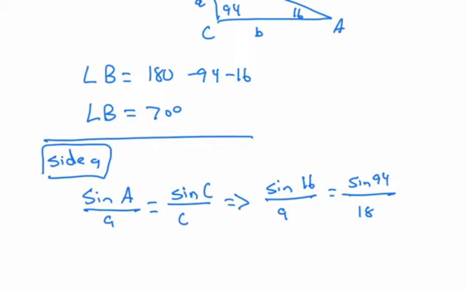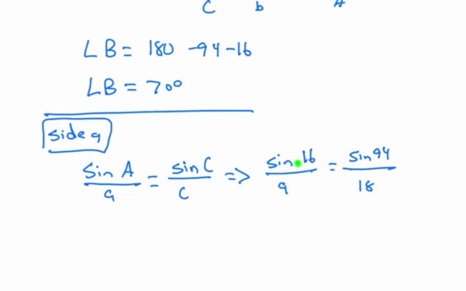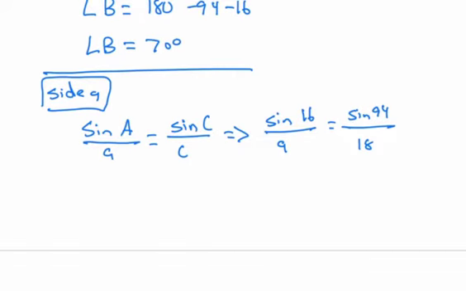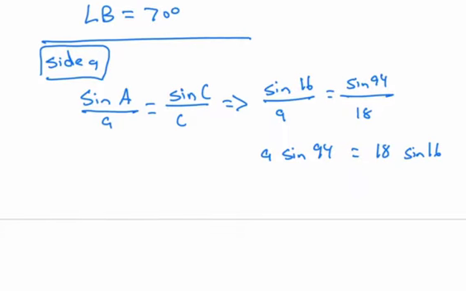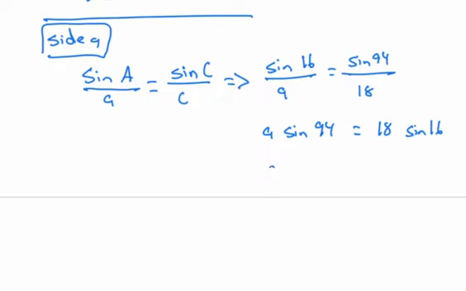My goal is to solve for A, so I'm going to cross multiply and write the A on the left side of the equation. So I'll have A times the sine of 94 equals 18 times the sine of 16, and now I'll divide through by the sine of 94. A is going to equal 18 times the sine of 16 over the sine of 94.